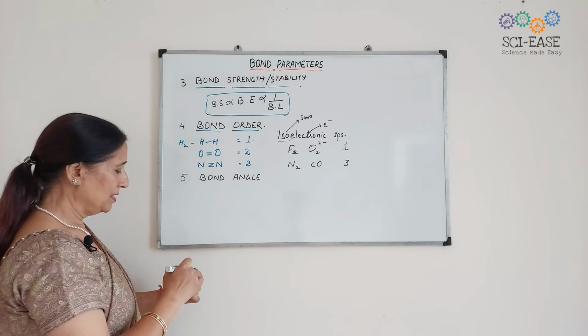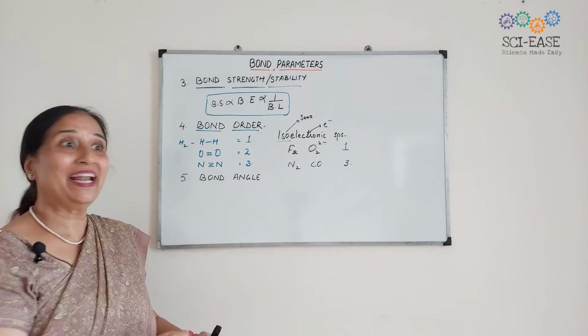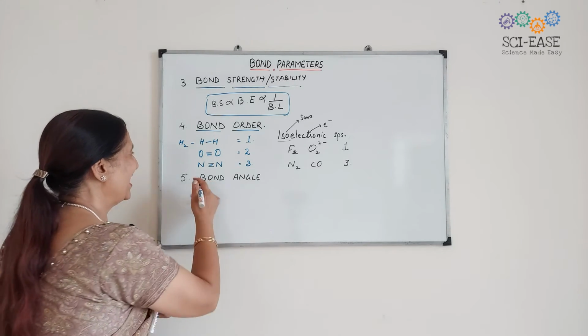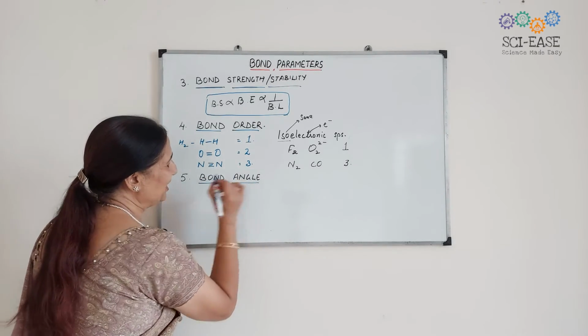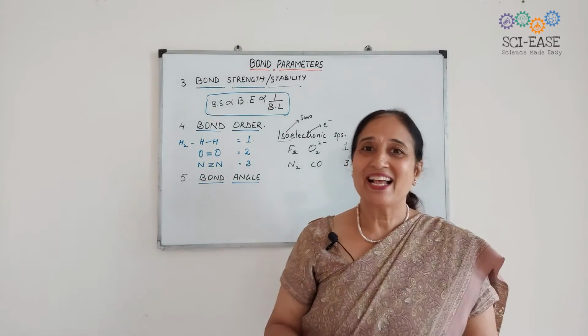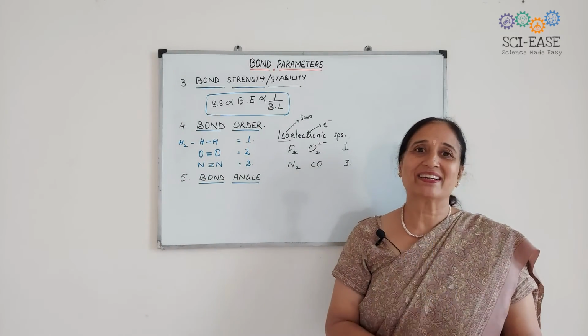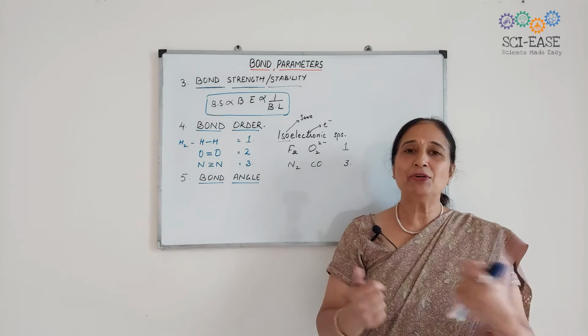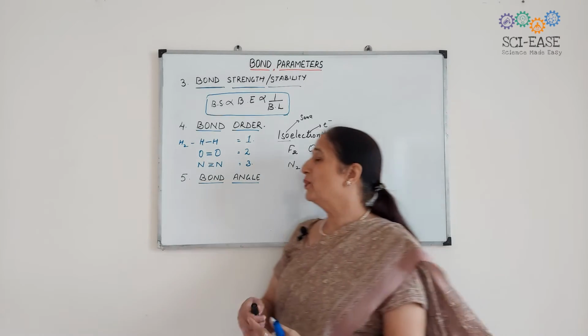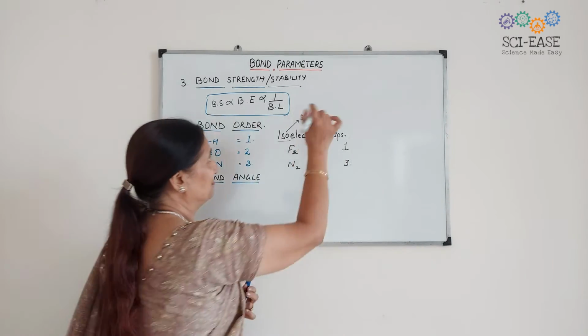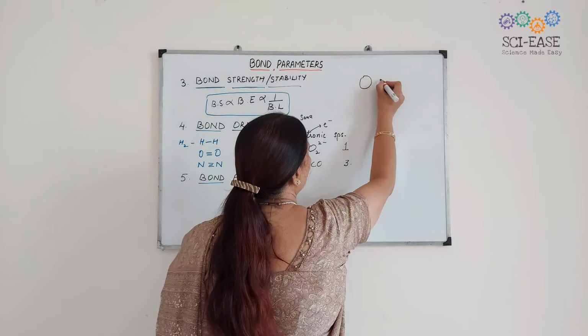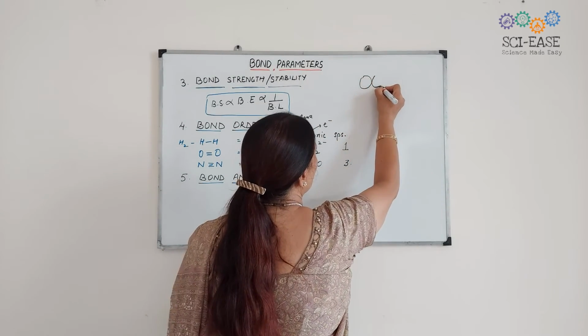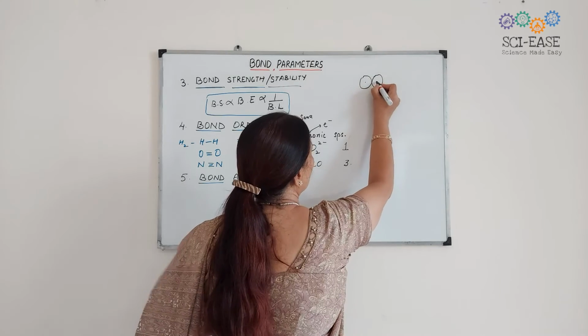How can we measure the bond length? I haven't told you. Sometimes I ask the question in the class: how will you measure the bond length between the two atoms?